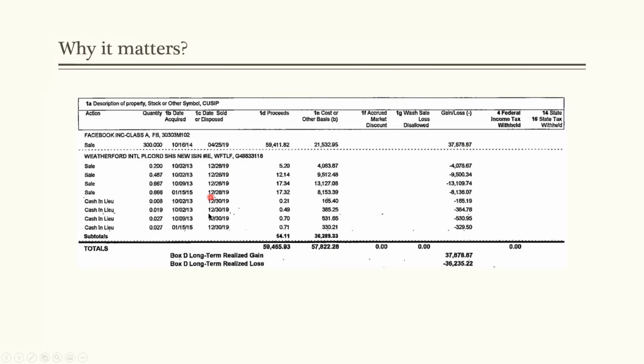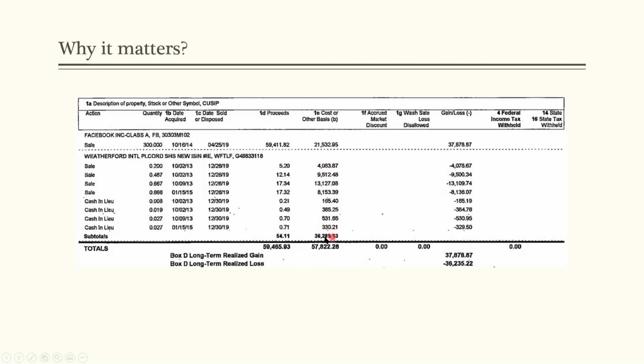So look here, right at the end of the year, he had this investment in Weatherford that he bought in 2013 and a little piece in 2015, and he sold them all in 2019, so it's long term. But you can see here, his proceeds, look at this, piddly, $54. But look what he paid for it way back in 2013 and 2015.